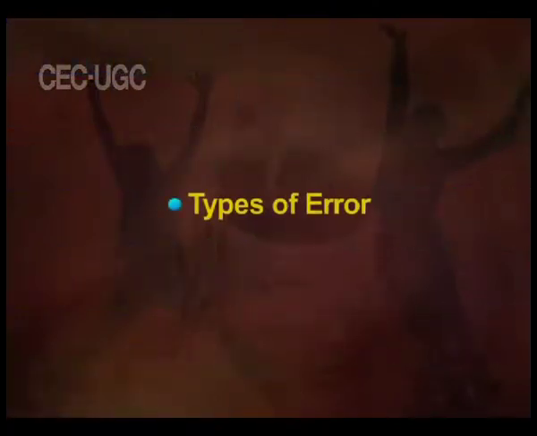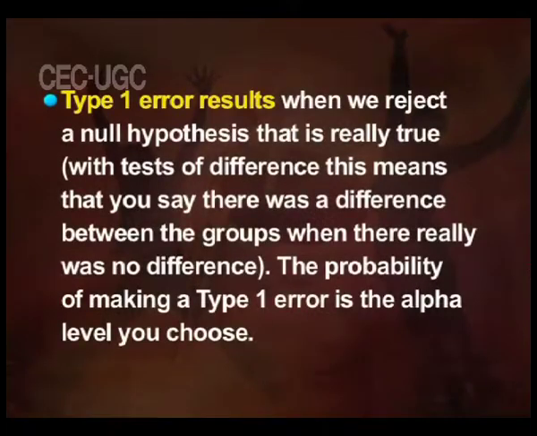The last concept we're going to consider is the types of error. Type 1 error results when we reject a null hypothesis that is really true. With tests of difference, this means that you say that there was a difference between the groups when there really was no difference. The probability of making a type 1 error is the alpha level you choose.